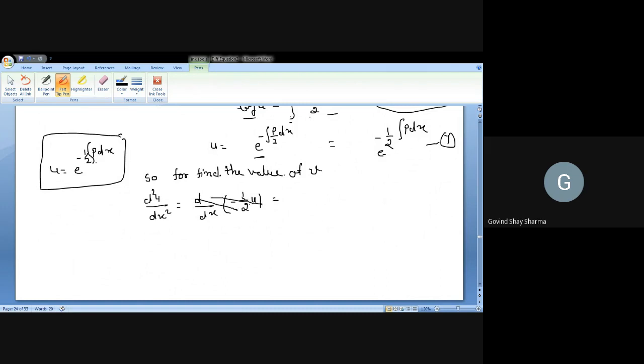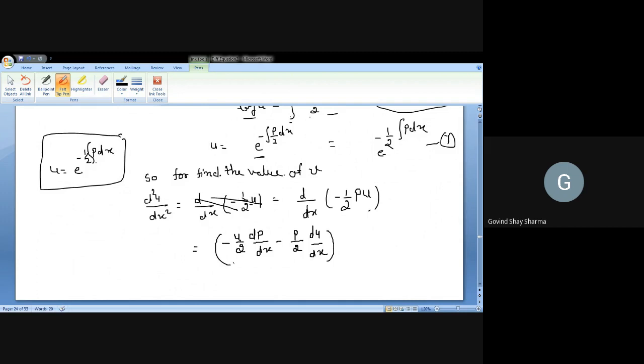Here d upon dx of minus p by 2 u gives minus 1 by 2 dp upon dx u minus p by 2 du upon dx.